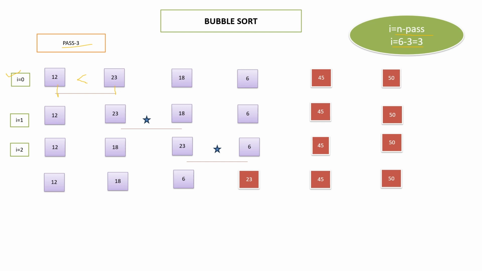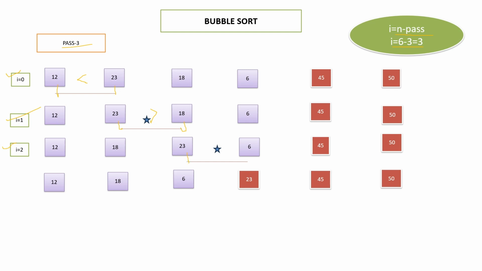We move forward to i equal to 1, where the ith element is 23 and i plus 1 is 18. We found that 23 is greater than 18, thus we need to swap these values.